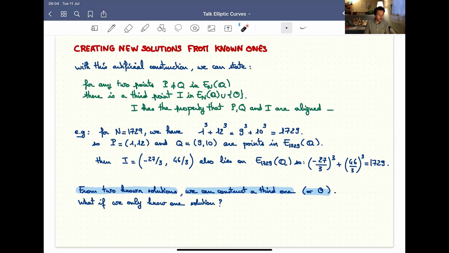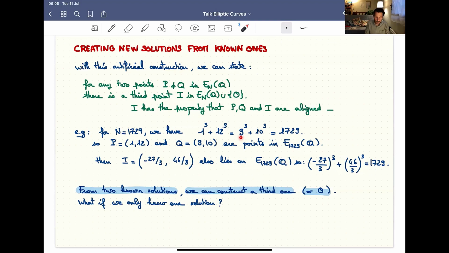And this can be done very explicitly, actually. So if you take n equals 1729, I can give you two solutions to the equation x cubed plus y cubed equals n. You can see that 1 cubed plus 12 cubed is 1729.